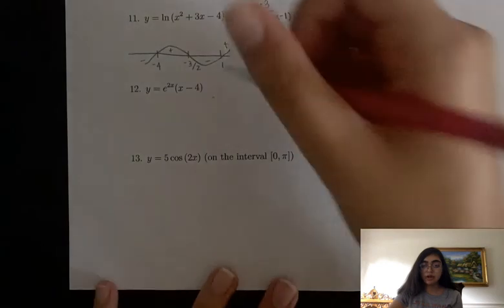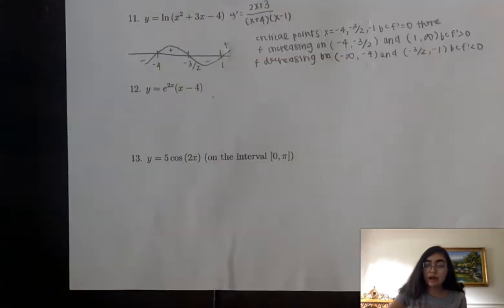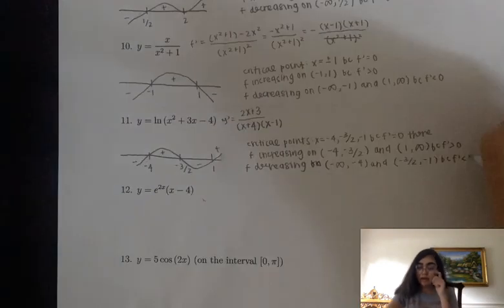And just to clarify, if you remember at the beginning of this worksheet, when we were defining the rule for critical points, we said a critical point in f is where f prime is equal to 0 or does not exist. Technically, at points -4 and 1, f prime does not exist, and that's why those are critical points.